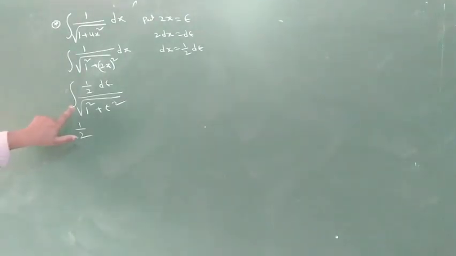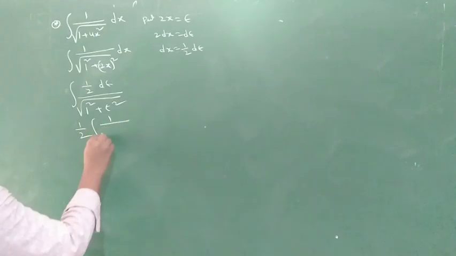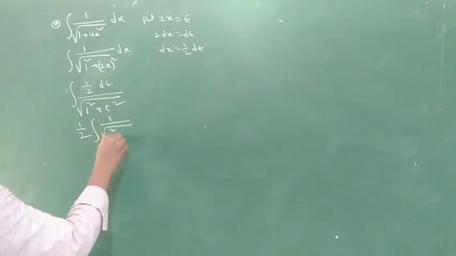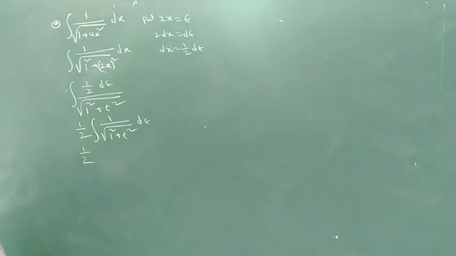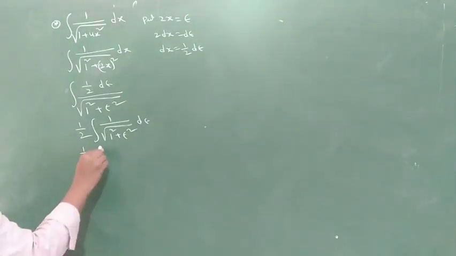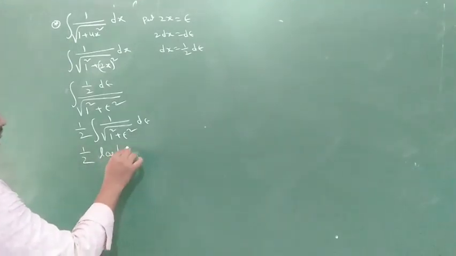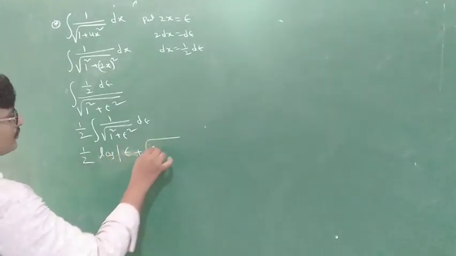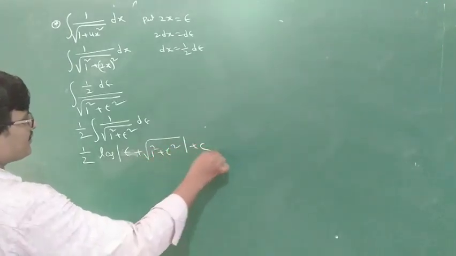Integral 1 by root of x square plus a square is equal to log x plus root of x square plus a square plus c, here x is equal to t.